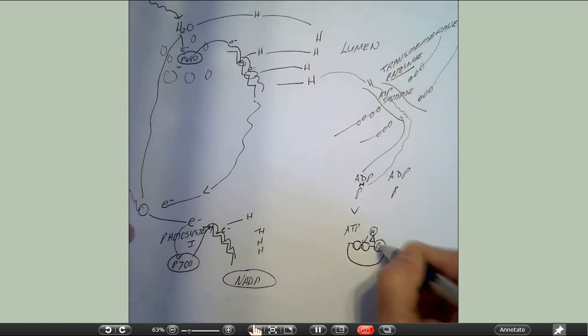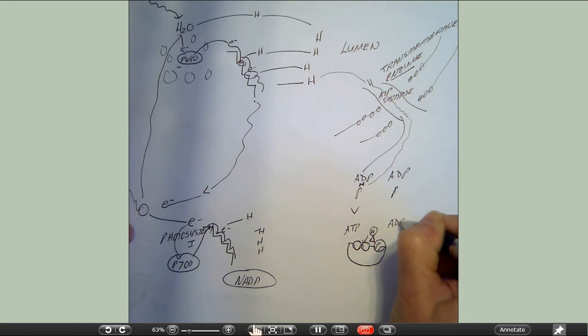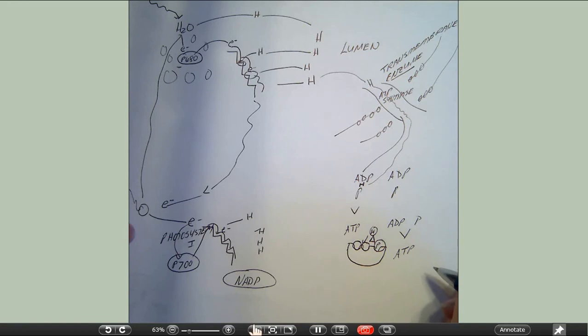So between the enzyme and the hydrogen, we go from ADP and a P, and we create ATP. And that ATP then will be transported to somewhere else in the cell by way of Golgi bodies, those vesicles we talked about in chapter 4.